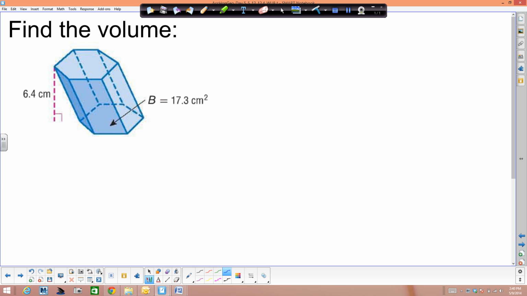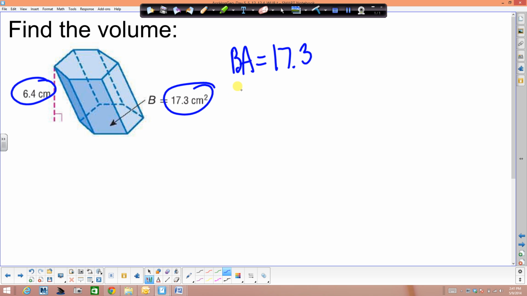Alright, now this time, this prism is oblique. But the nice thing is with oblique prisms, you still do the same thing, the area of the base times the height. We just need to find the height. Well, in this case, the height's given to us because this length is what is perpendicular to the base. If the book ever uses big B in this section, that means that is the area of the base. So this problem is very simple. We already know the base area is 17.3. We know that the height is 6.4.